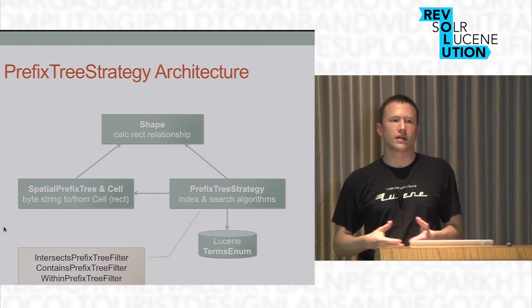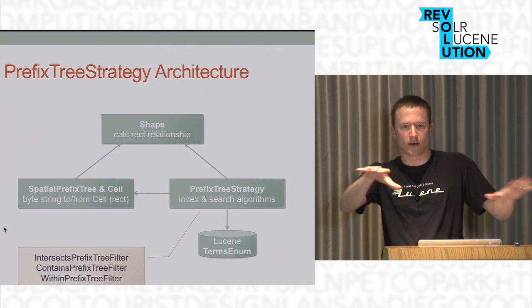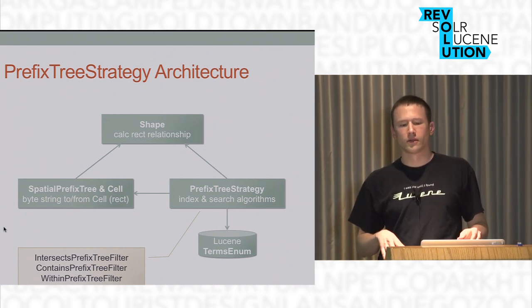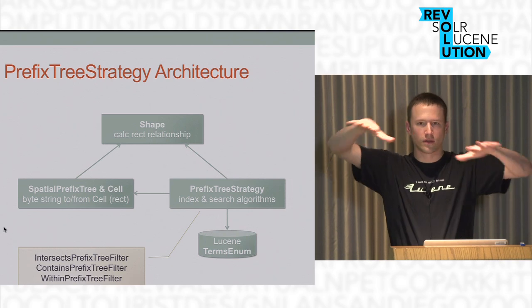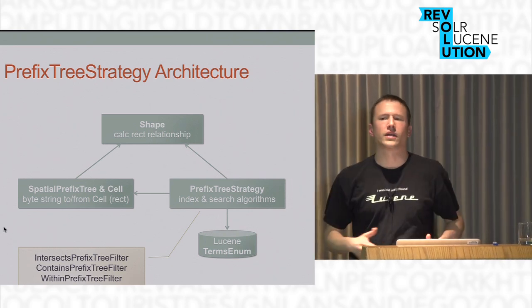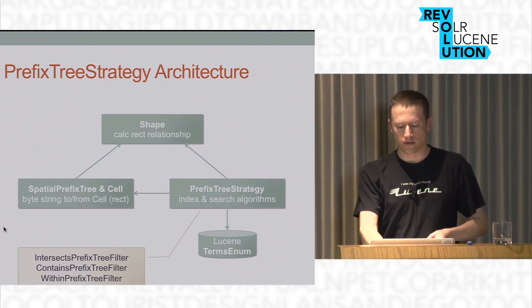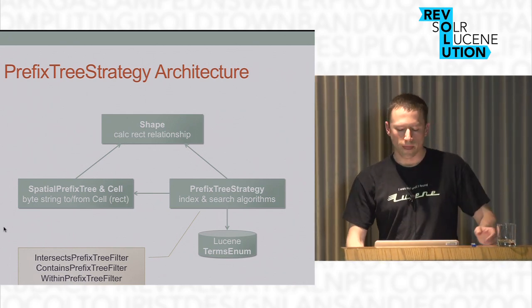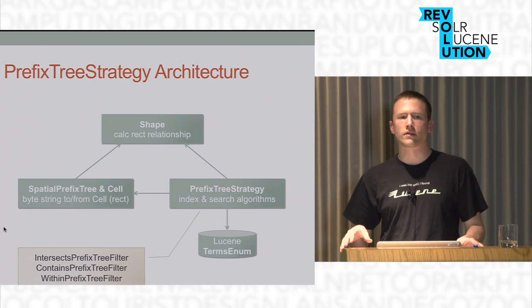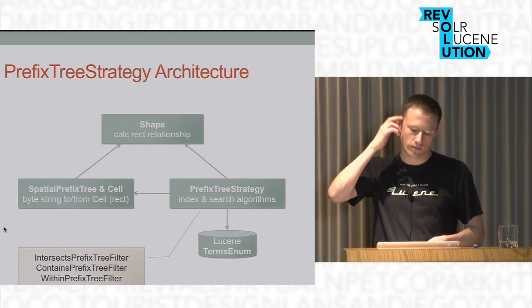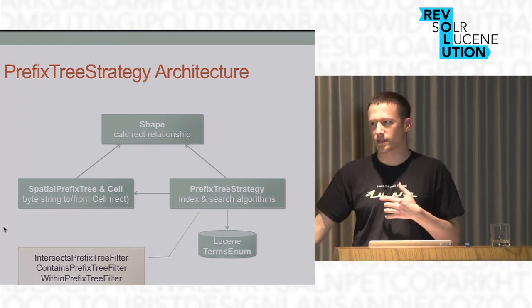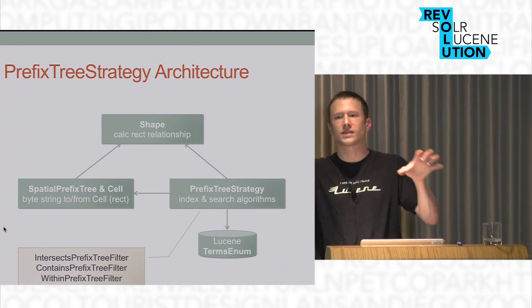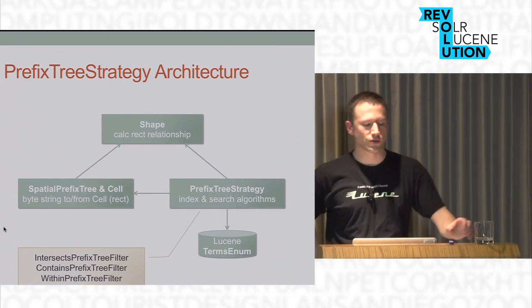And it could be a 256 area cell. It could be a tree that has 256 at the top level, but then has 16. It could be anything, and the filter algorithms don't care. They don't even know about that at all. So these abstractions have worked very well. Of course, at times I think maybe this method should be named this or that, or add this operation here or there. But the separation of concerns has worked extremely well.